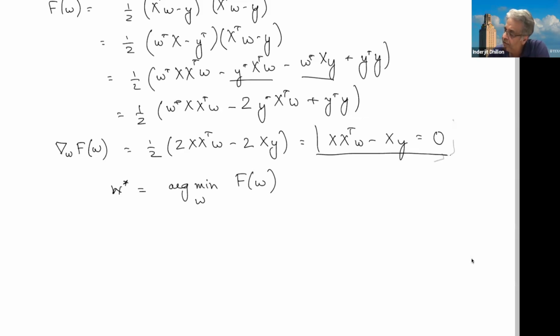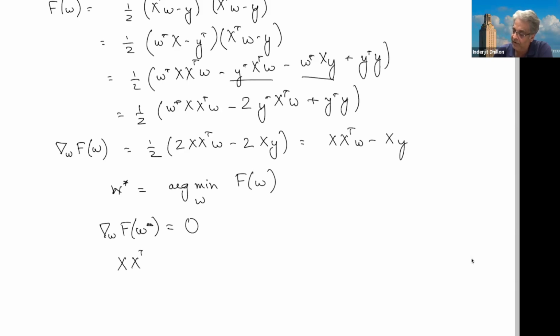Sorry, I'll get better at this. So I set it equal to 0, but the gradient was just this. And so this is the value where the gradient of f at W star equals 0. So basically my W star is this.